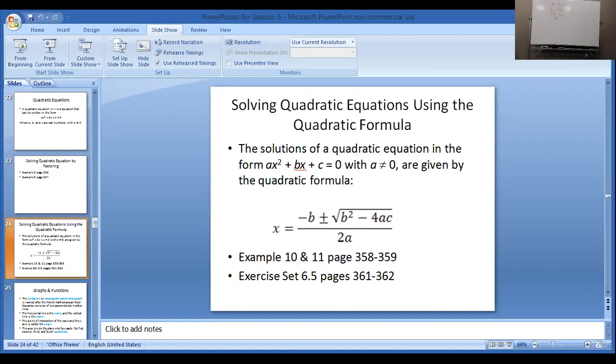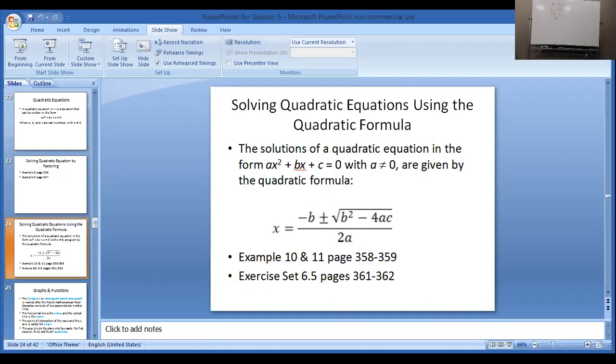Let's look at page 358 in your textbook, example number 10. That formula helps because it saves time instead of doing all that trial and error. This is the key. It's good to know it so you know how this formula works.